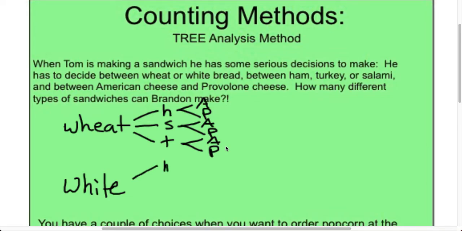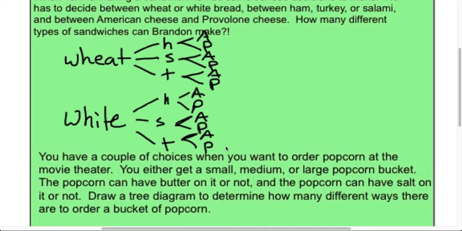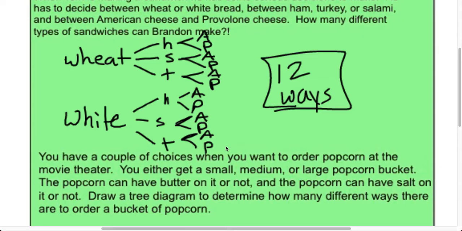We have ham, salami, and turkey, and for each we have American and provolone. And so we end up with 6 more options, which would give us a total of 12 ways that you could make a sandwich from these options.